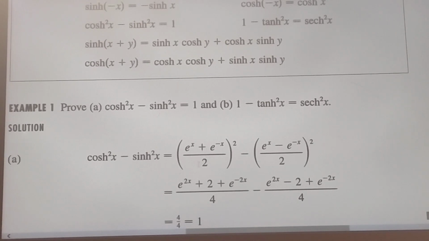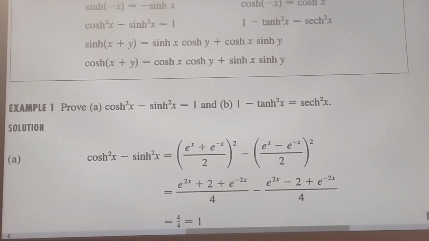When you square, remember the laws of exponents: when you square the 2, you multiply it by itself. And also here, you square the 2, everything is squared. Remember the denominator squared. Also here, 2 squared, and also negative 2 squared.